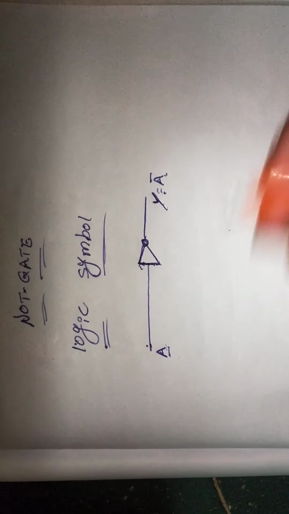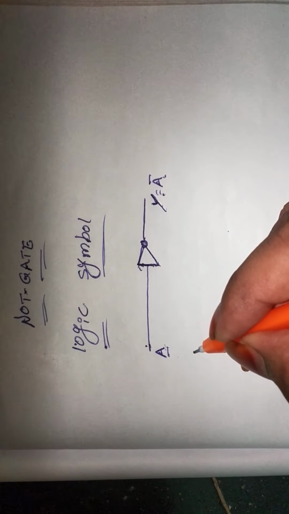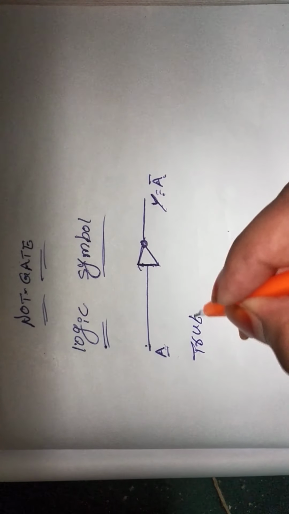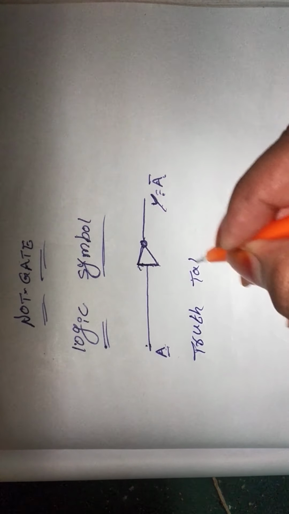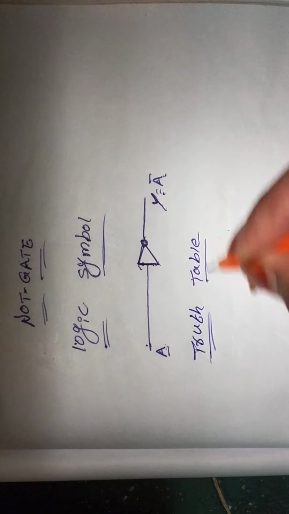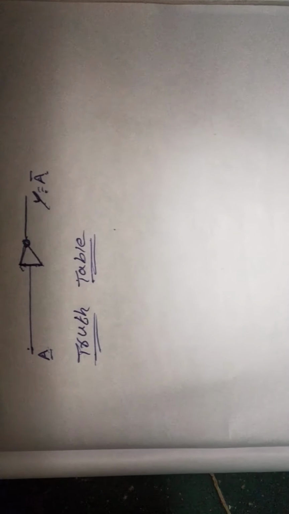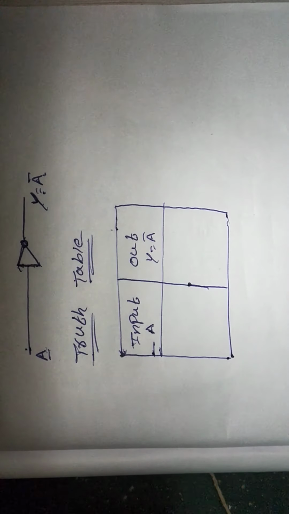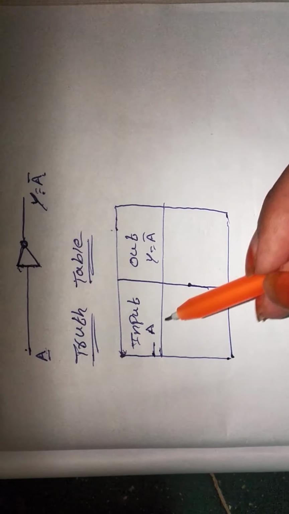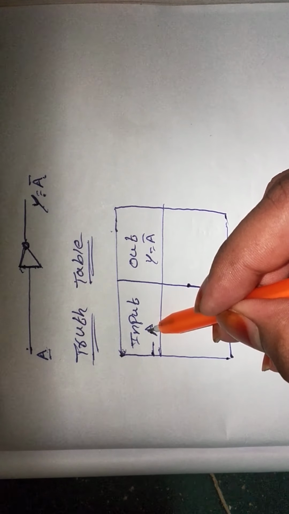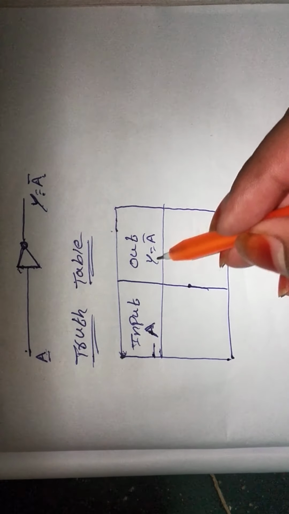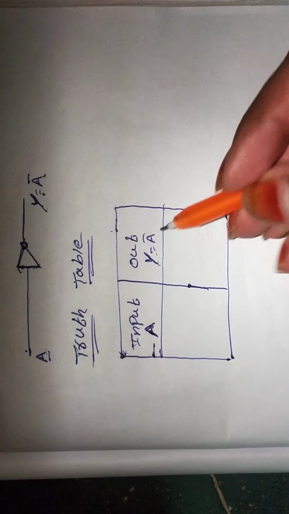Truth table of the NOT gate. We know that a truth table consists of input and output rows. Here we take only one input A, then the output comes y equal to A bar.